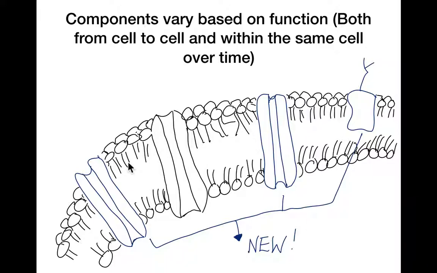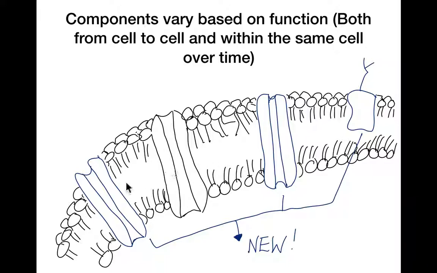It's all about what that cell has to accomplish. Not only can we vary, like within our own body, different types of tissues are going to have different cellular components comprising that cell membrane based on their function, but even within one cell over the course of its life, you could have alteration based on what that cell has to accomplish.